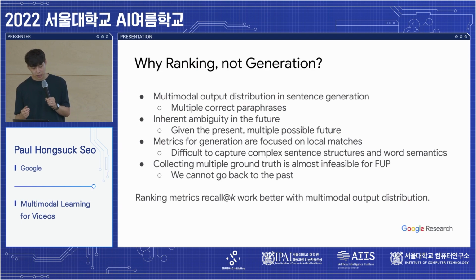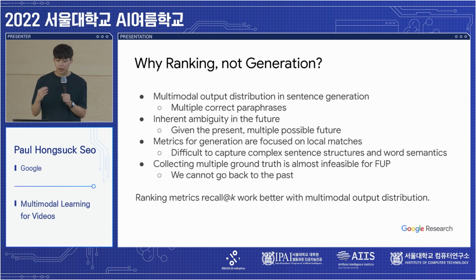The main reason is that the generation task is very hard to evaluate, because sentence generation has a multimodal output distribution, so multiple paraphrases can be considered correct. Also, future prediction itself has inherent ambiguity. Given the same present, there can be multiple valid futures.